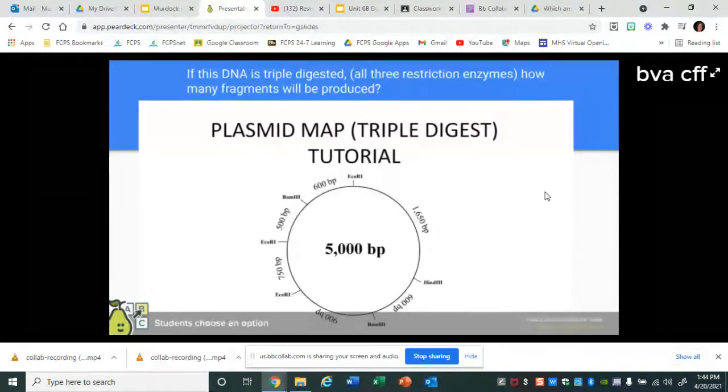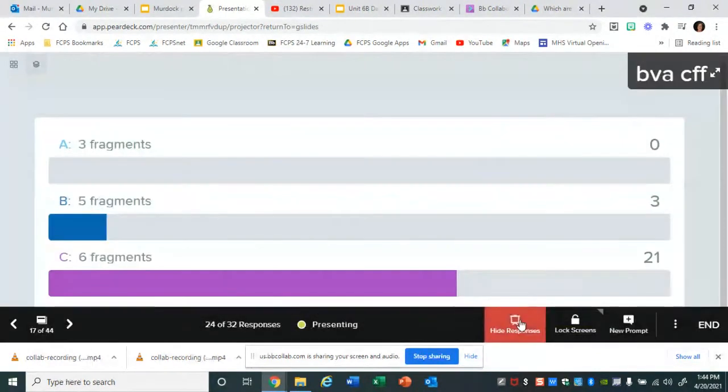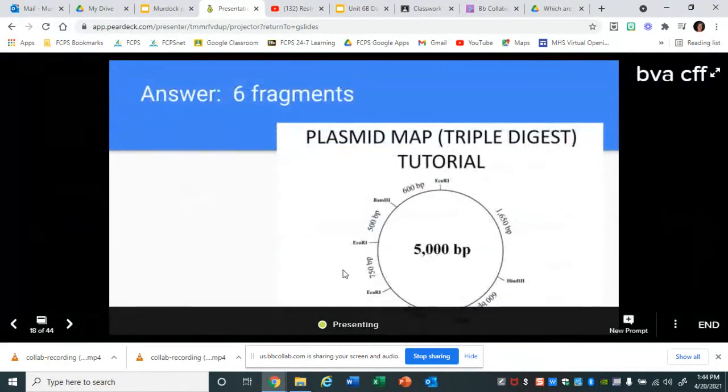If BamHI and EcoRI and HindIII are all used, how many fragments will that produce? That's right, 6. Yes, let me show you. Because every bit between the enzyme cuts will become a fragment. So 1, 2, 3, 4, 5, and 6, right?